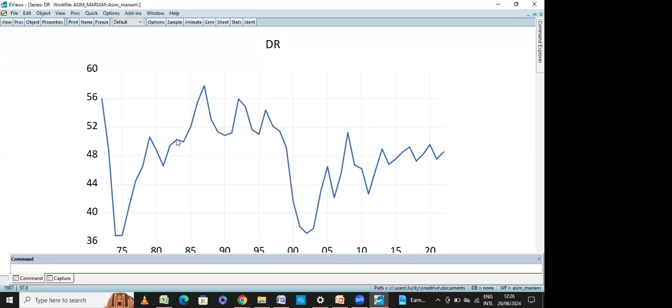From here to here it moves upward, then a little fall, then upward again. So we can say the variable is drifting away from its mean a lot. It goes upward and doesn't fall much in the downward direction. This kind of data will need to become stationary.